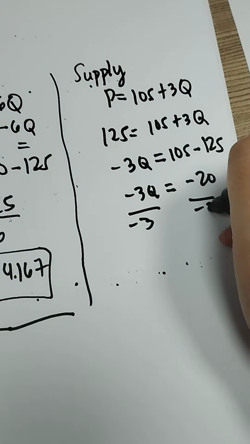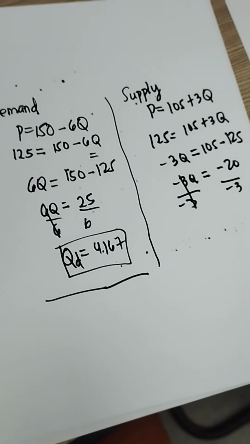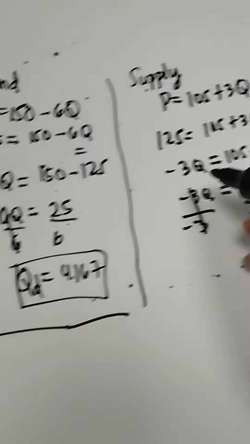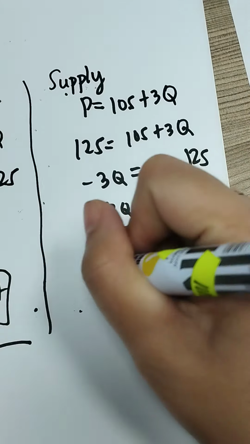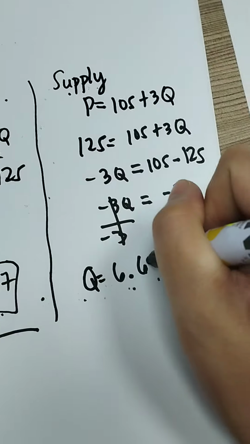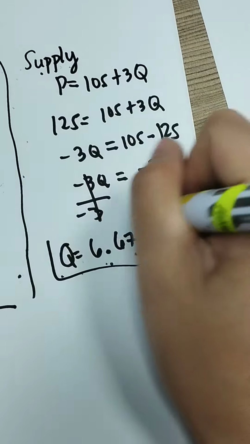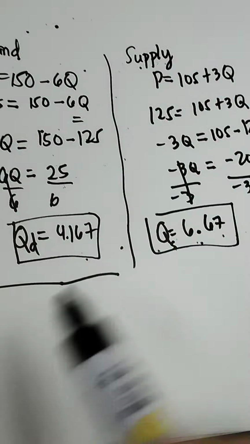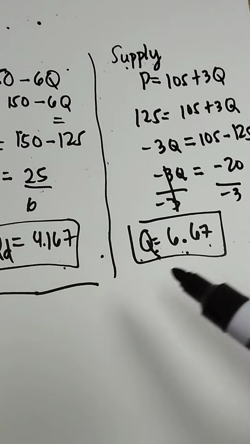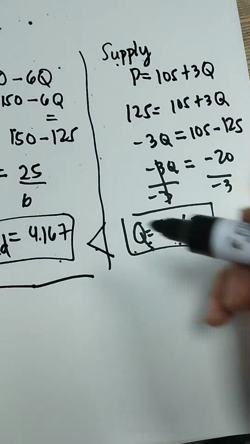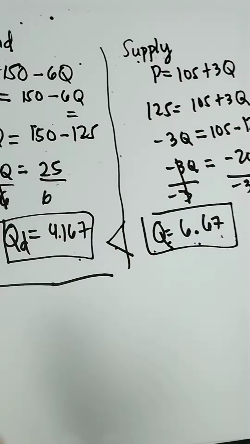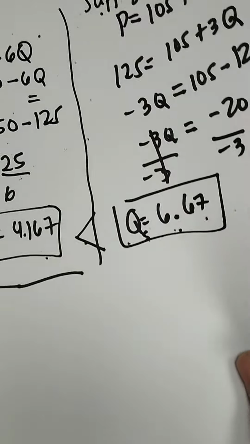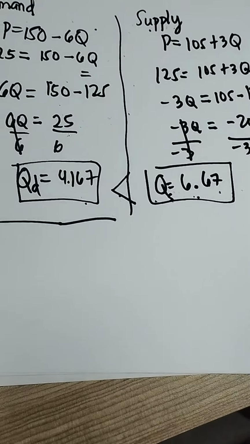Divide both sides by negative 3. 20 divided by 3 is equal to 6.67. So this is QS, this is QD. Certainly there is no equilibrium because the QS is greater than the QD. They would sell more compared to what buyers would buy at a price of 125, because it's expensive. So the seller is happy because the price is higher.